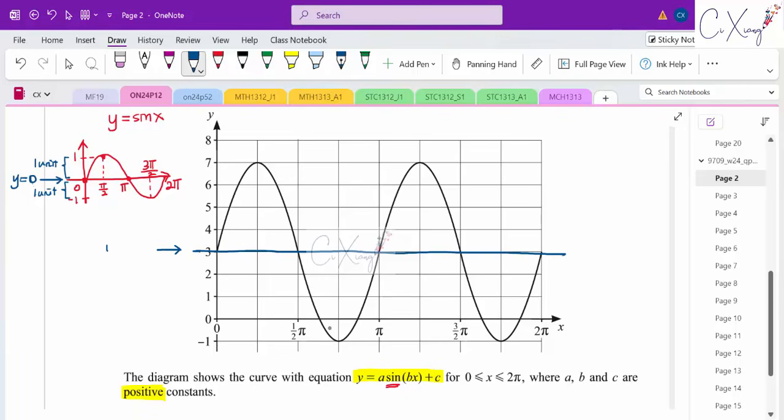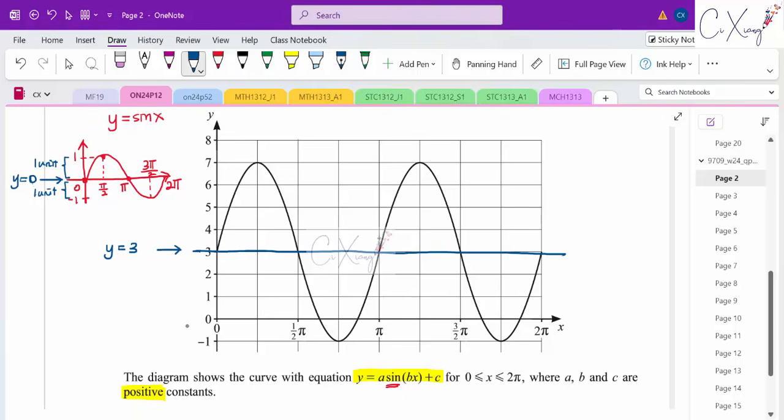In this graph, you can see that the center line equals 3. Originally the center line is 0, and now it becomes 3, so the transformation is moving the graph 3 units upwards.